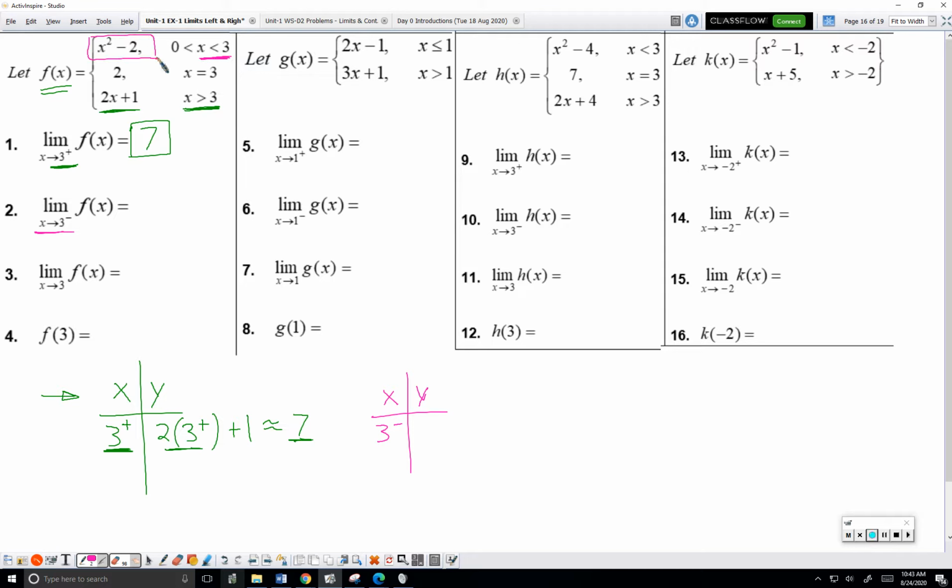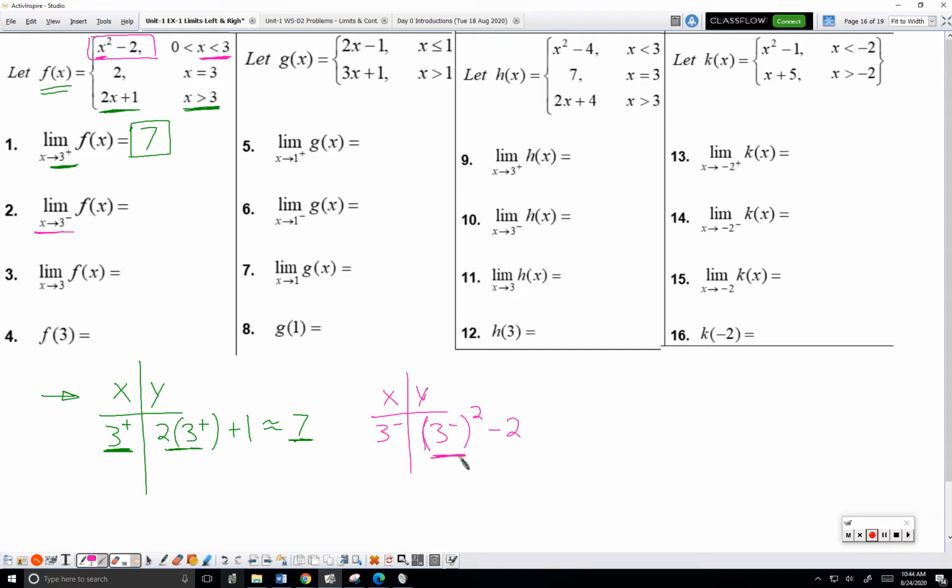So I always replace variables with parentheses. So I take away the x, put it in a set of parentheses. I choose a value that is slightly less than 3. That's going to get squared. Subtract 2. Again, you don't have to be super precise.